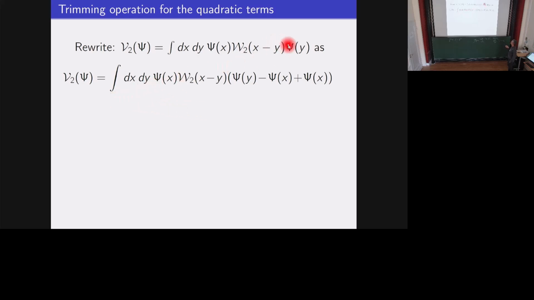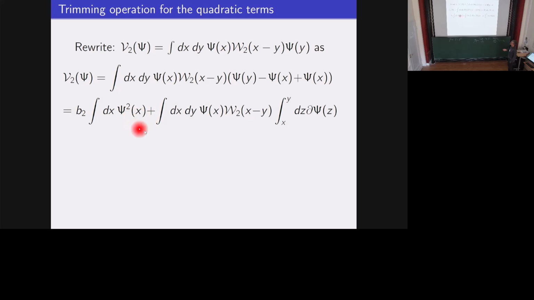The kind of manipulation one does when one starts with a general quadratic term is to add and subtract the field at location x. In this way you get one term that is local and another term that involves a difference. This difference can be written as the integral of a derivative, and so this term can be put in a form involving extra derivatives. These extra derivatives improve the scaling dimension of this remainder, which is written here in what I call interpolated form.